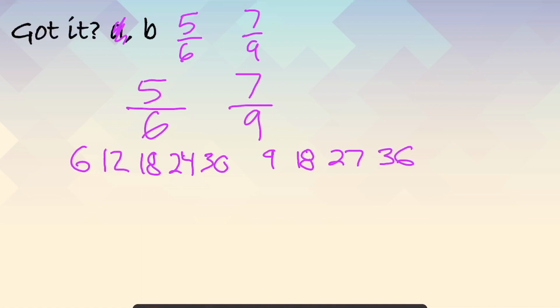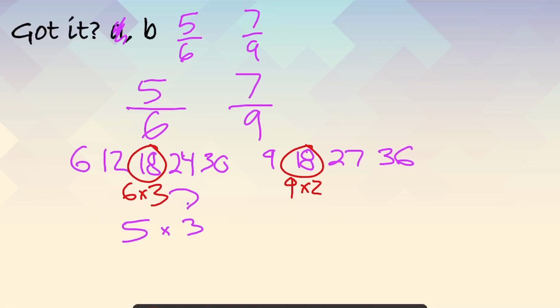And I'll stop there, and I can already see that they share a multiple of 18. 18 is 6 times 3, and 18 is 9 times 2. So 5 times 3 is 15. 6 times 3, that gives us 18. So 5/6 is equivalent to 15 over 18.